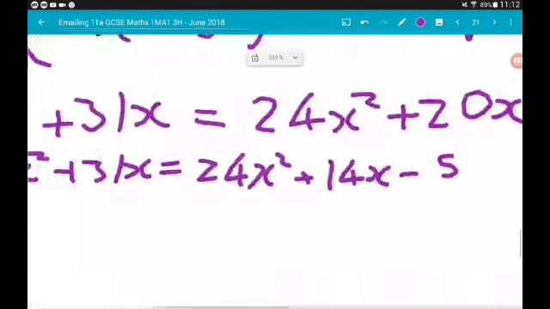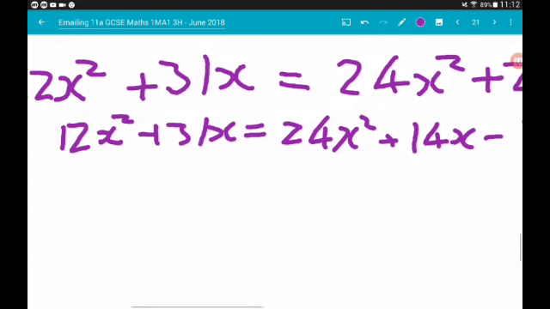Okay, so this chap is a quadratic equation.